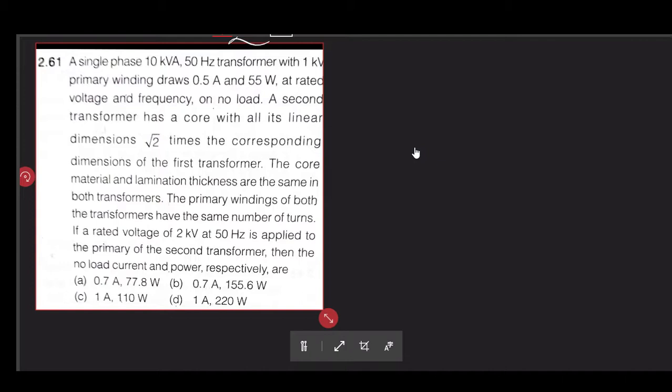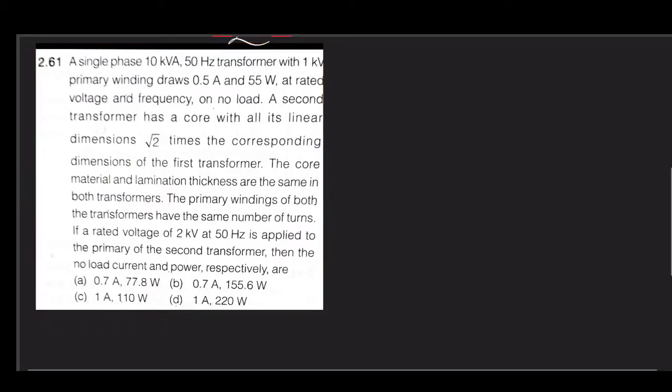First of all, this is a very interesting question. We must investigate that if we increase all the linear dimensions of a transformer by n times, then what will happen?